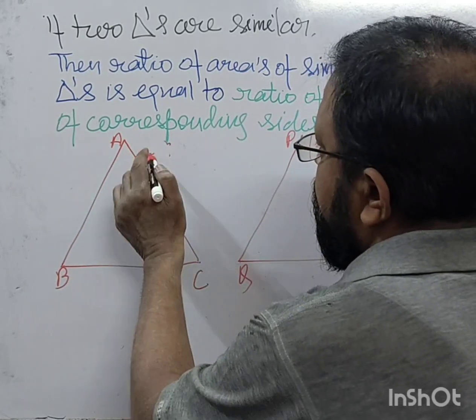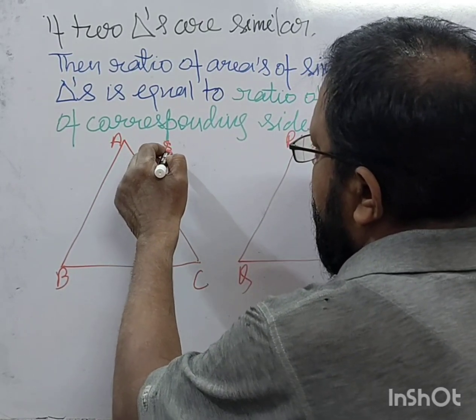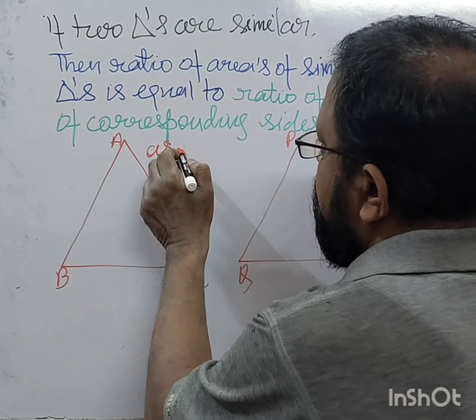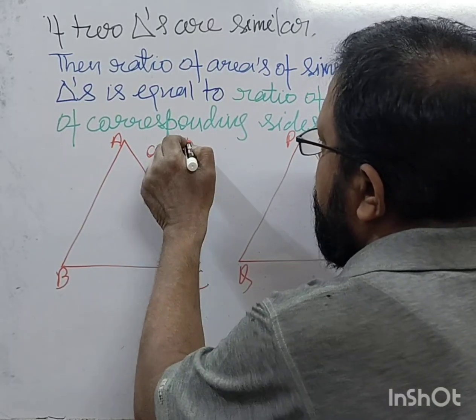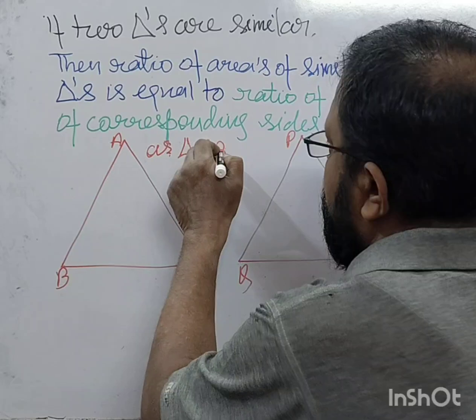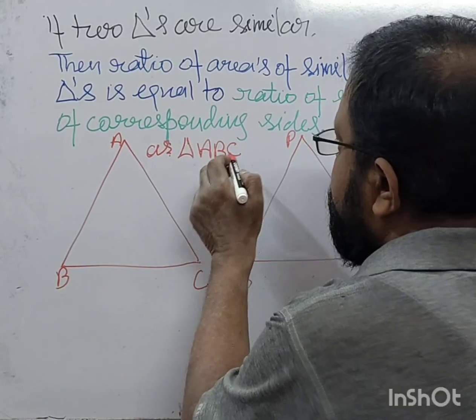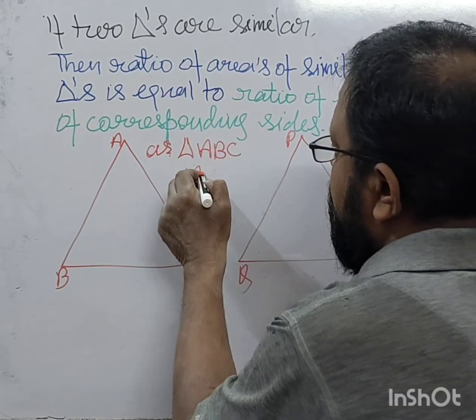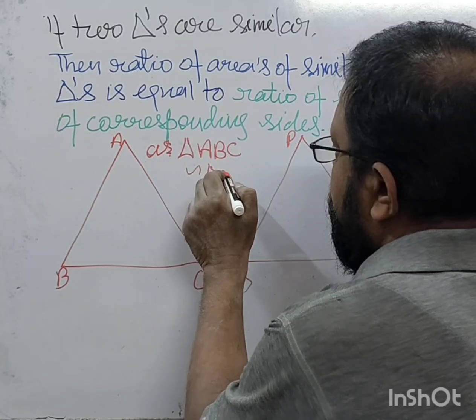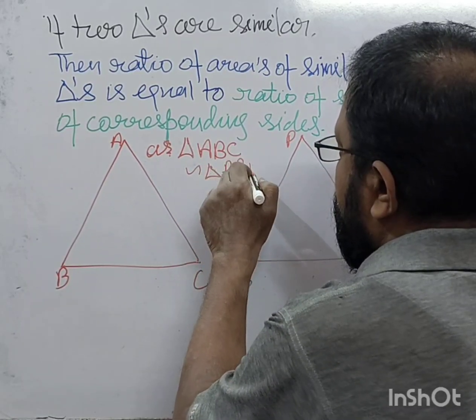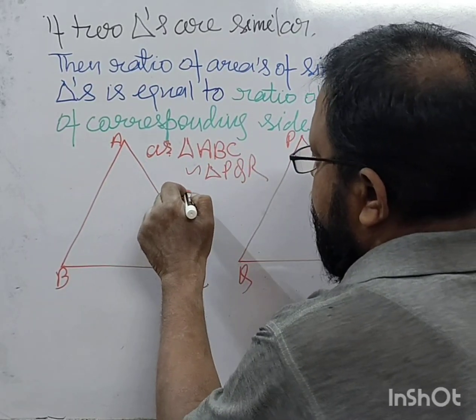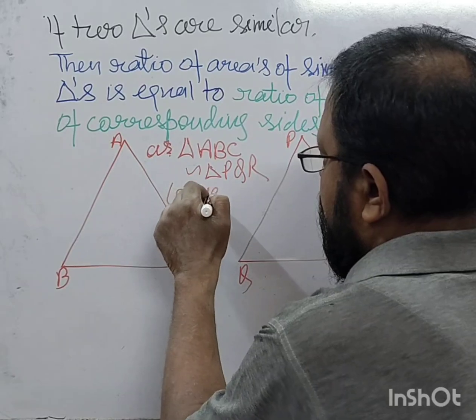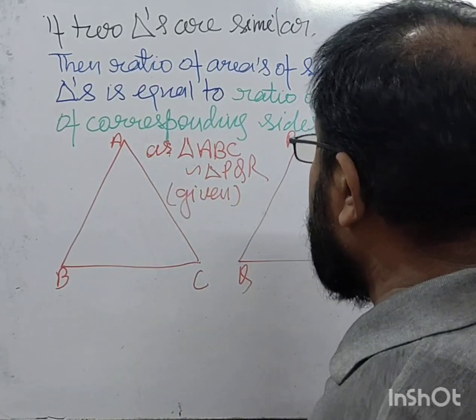As triangle ABC is similar to triangle PQR, that is given, right?